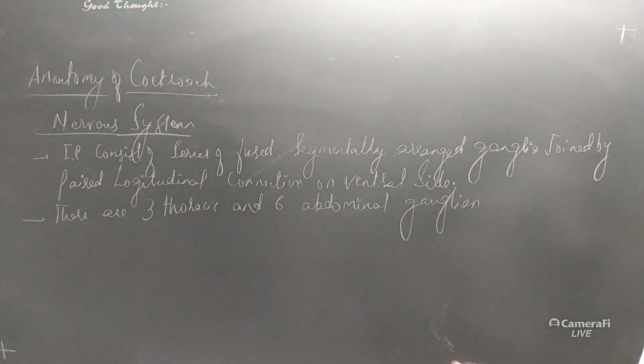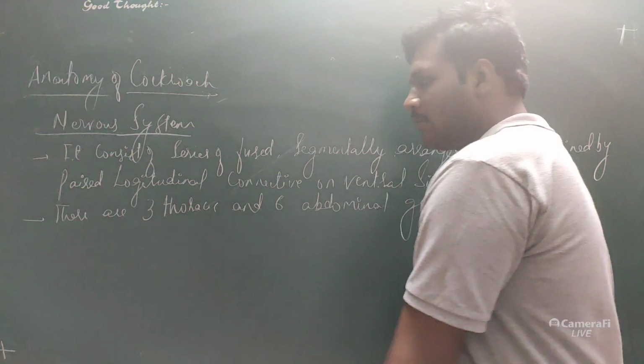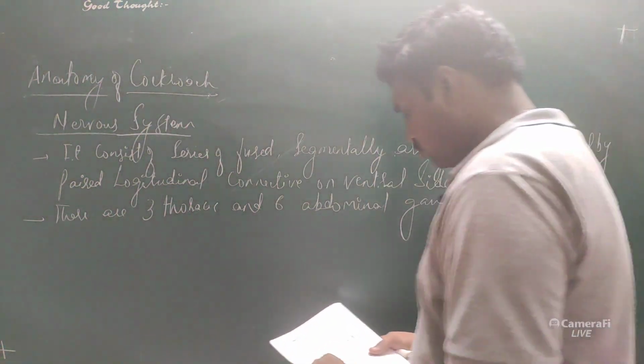Okay, so there is a presence of three thoracic and six abdominal ganglia.